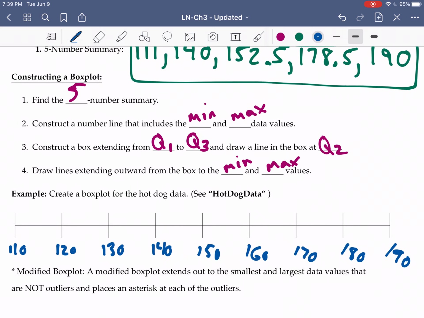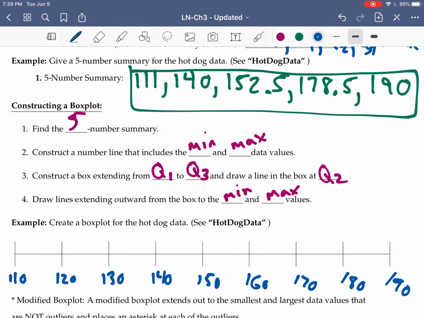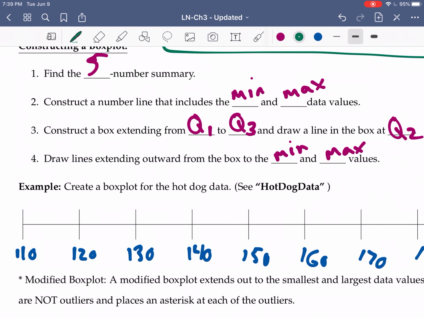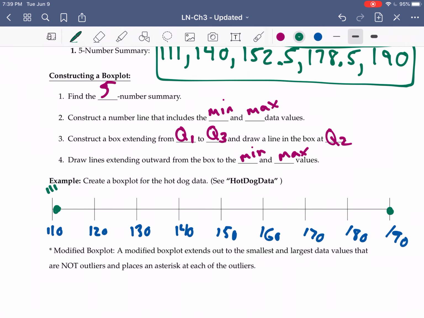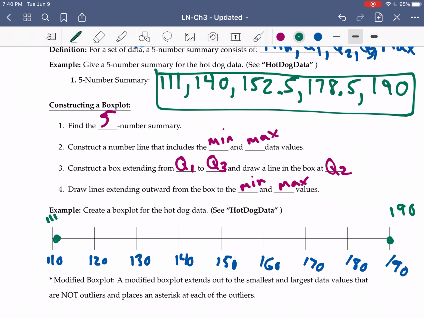Our first step after we have our 5-number summary is to identify the minimum value and the maximum value. So our minimum value is right here. It's 111. And our maximum data value is right there, right at 190. We're going to construct a box that goes from Q1 to Q3. So Q1 is at 140. Q3 is at 178.5.